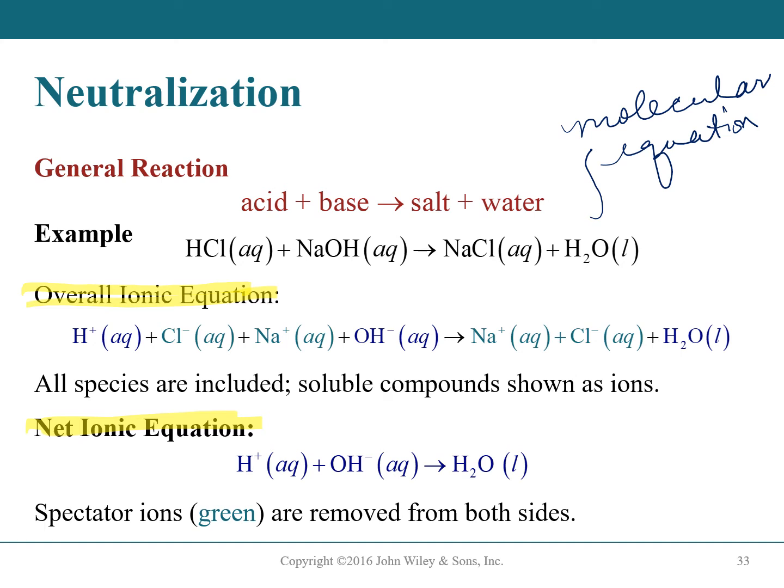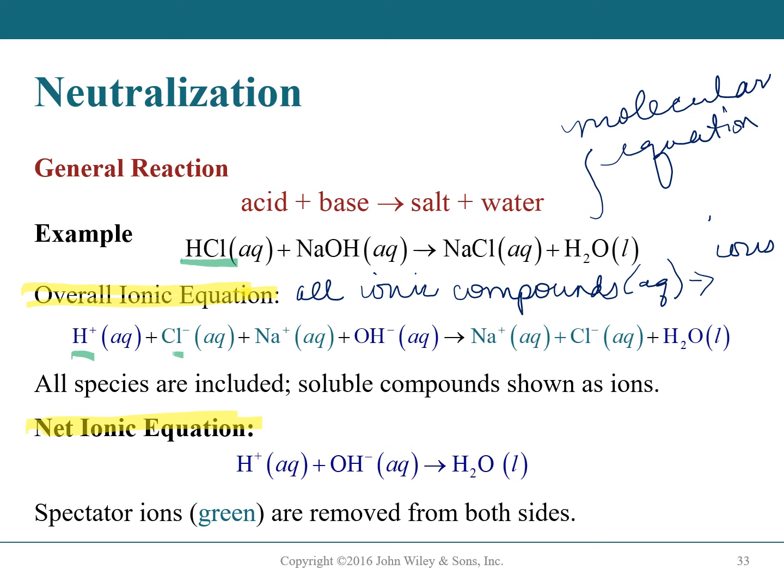Now, what we do with the overall ionic equation is we take all ionic compounds that are aqueous and take them apart into their component ions. So in this case, we look at HCl: H plus, Cl minus.